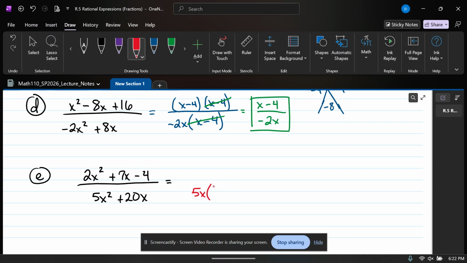I'm going to do the denominator first because it's easy, then the top. Top's a little bit more difficult because you've got a number in the front of the x squared.